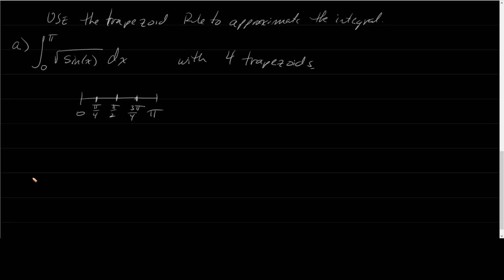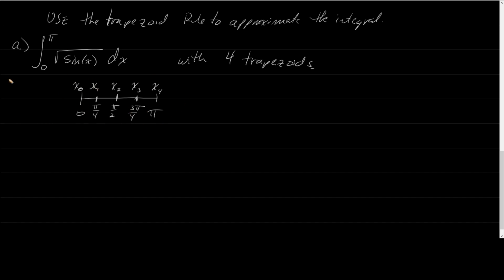Those are going to be my x naught, x of 1, x of 2, x of 3, and x of 4. That's something to keep in mind. We will come back to that in a little bit.